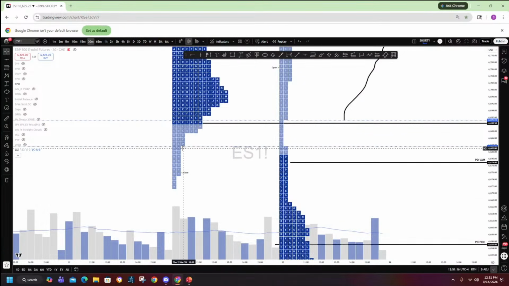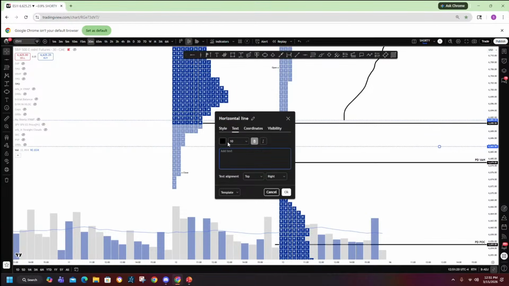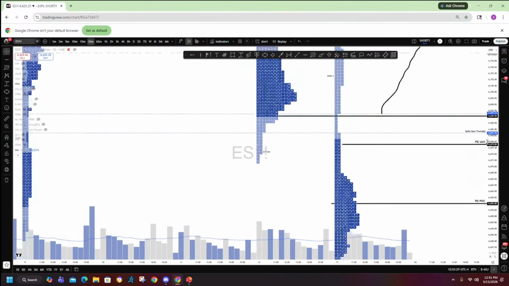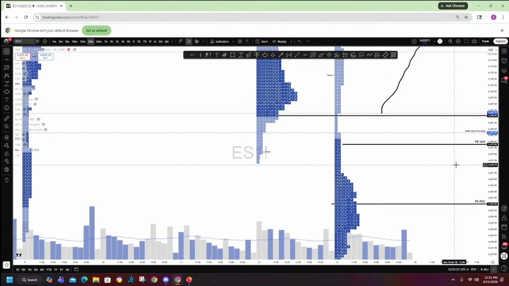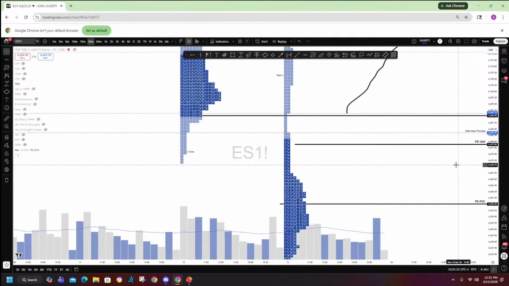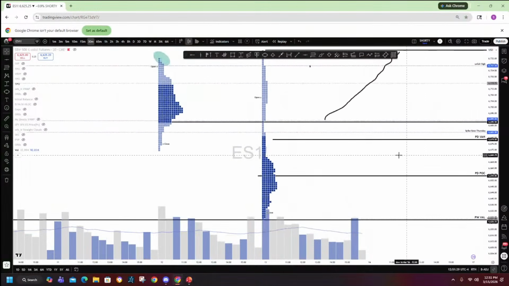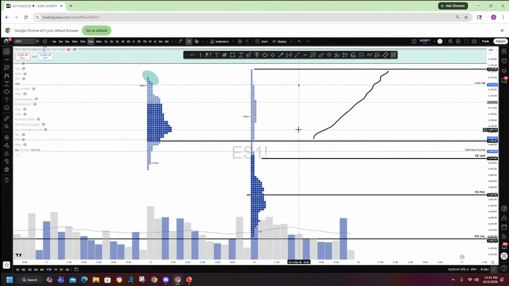Is that correct? Was this Thursday spike? Yes. And on Friday it became single prints. What is that telling you about aggressive sellers at this level? They're winning.